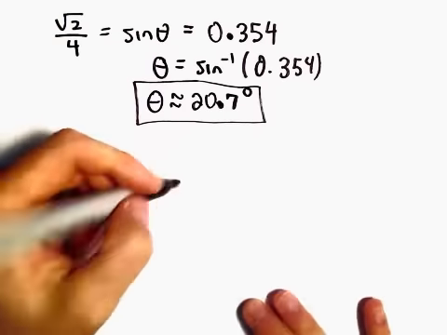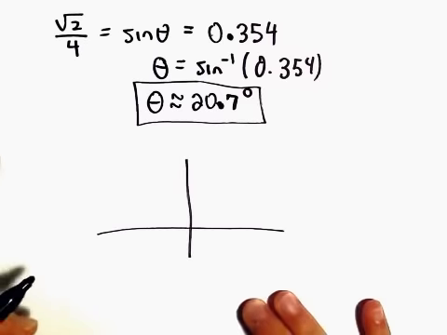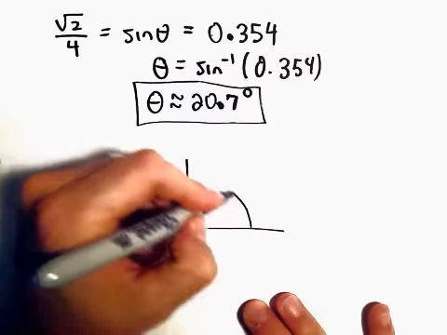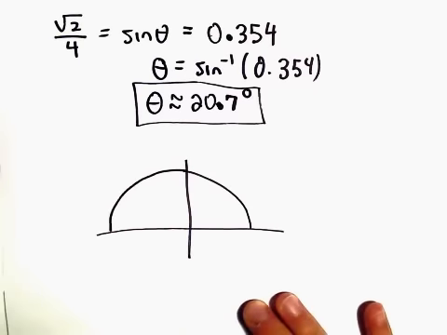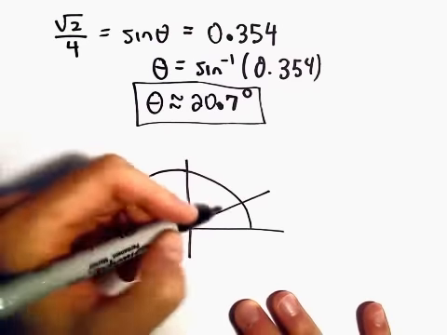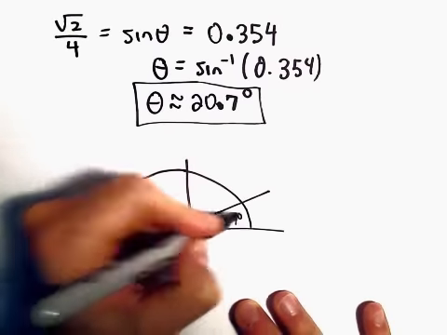Recall though, if we're looking at angles between 0 and 180 degrees, so now I'm kind of thinking about unit circle stuff. We found one of the solutions to be 20.7 degrees.